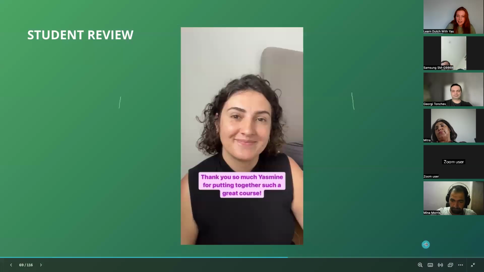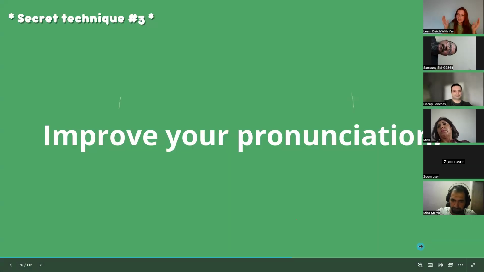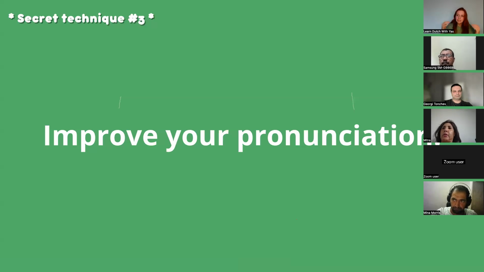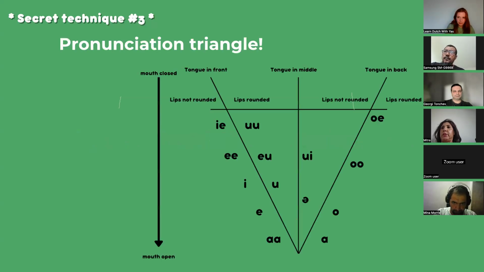It's crazy. Sometimes I get students from other schools coming to me and I see the big difference in their skills. So another part of the start to speak immediately is that you should be improving your pronunciation. And I'm sure a lot of you are going to love this part because within the academy, we use the pronunciation triangle. What is this? This is a triangle that helps you to understand how your mouth should feel when pronouncing difficult sounds.